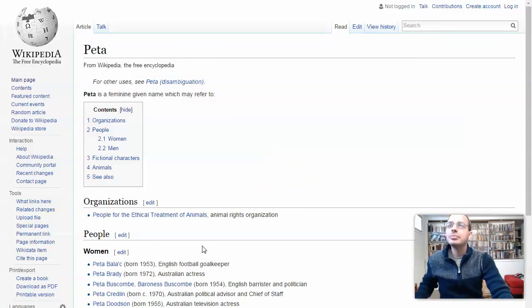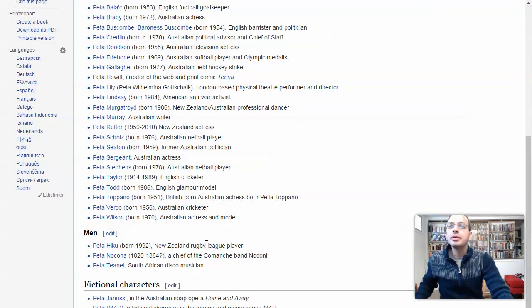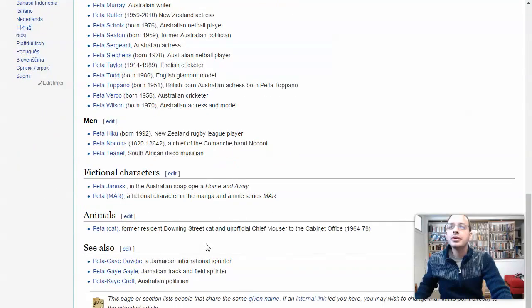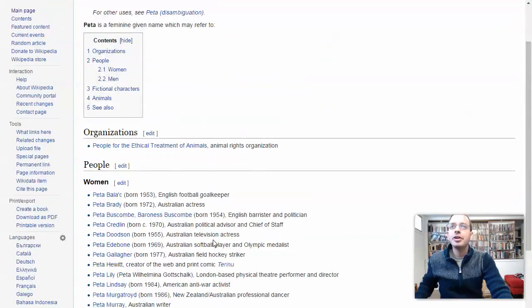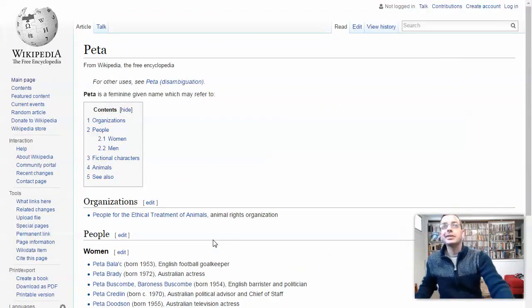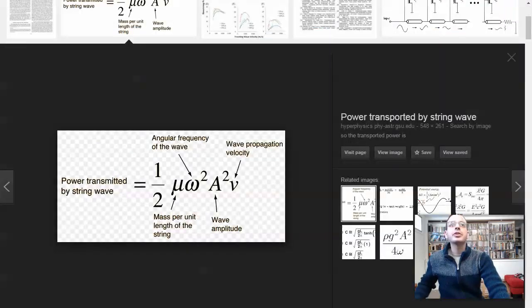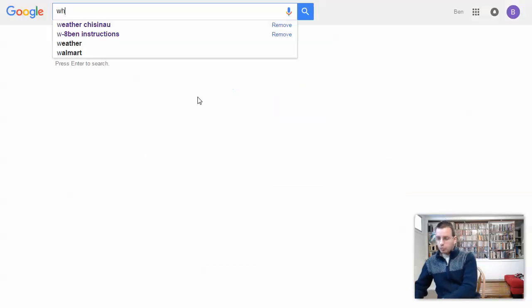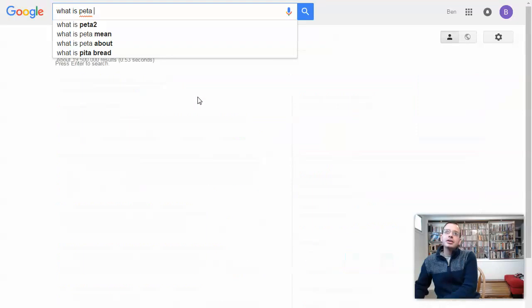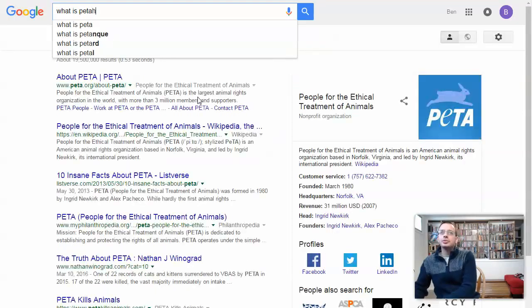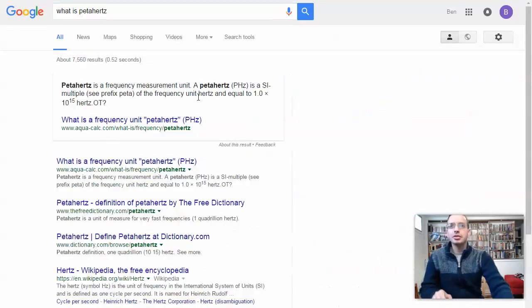Peta, nope. This is not supposed to be the hard part of this question. Google. What is peta? Let's do petahertz. Petahertz is 10 to the 15th. Nope, we don't want petahertz.